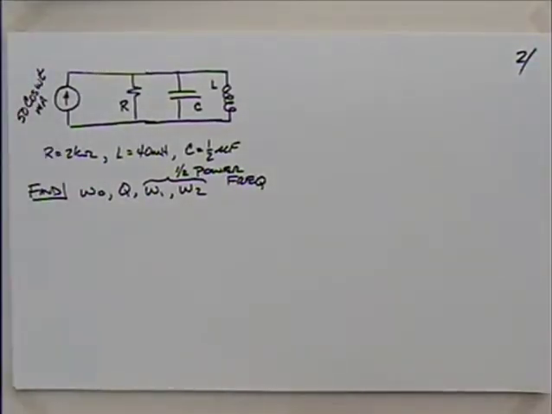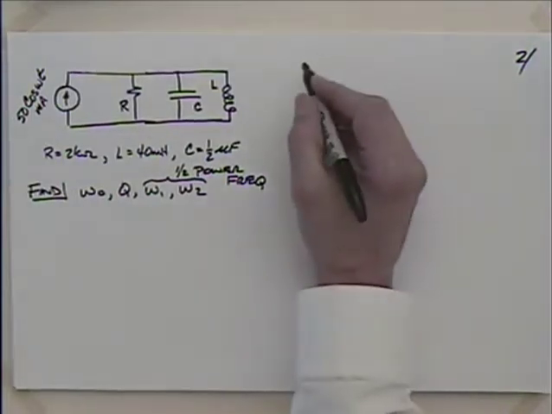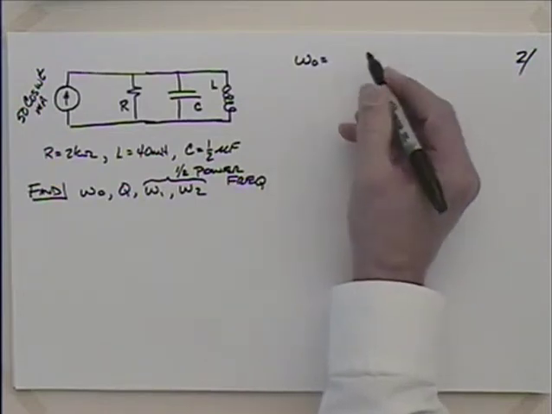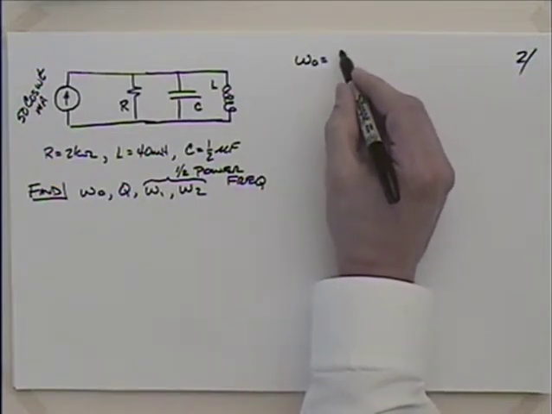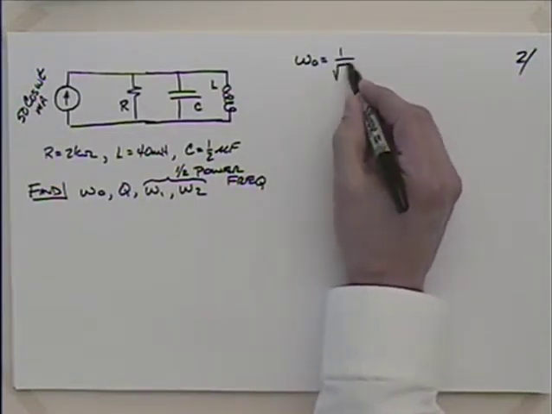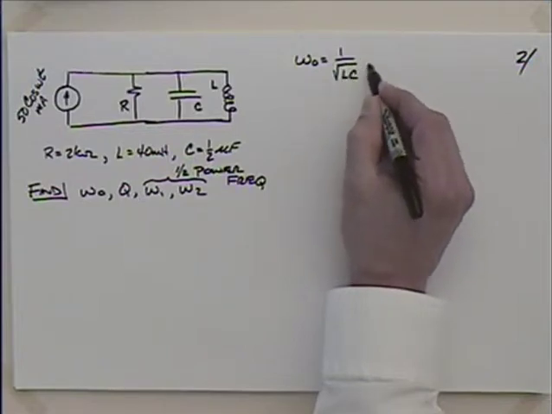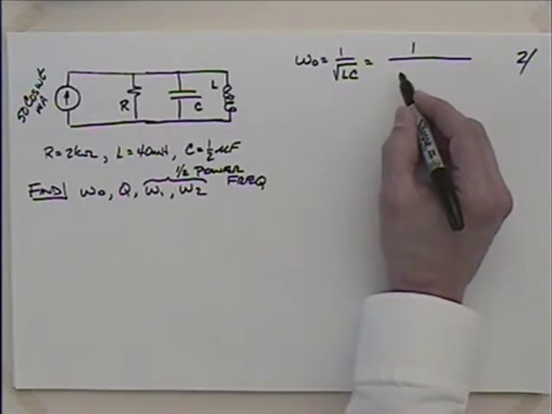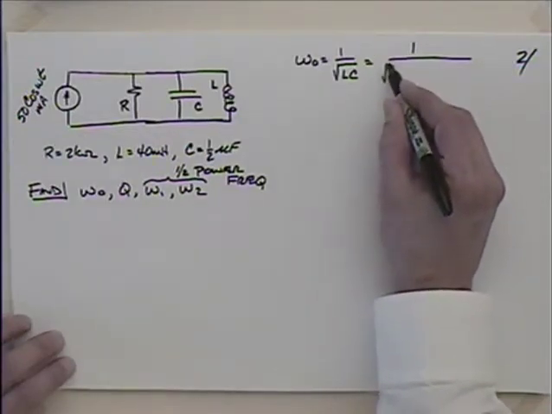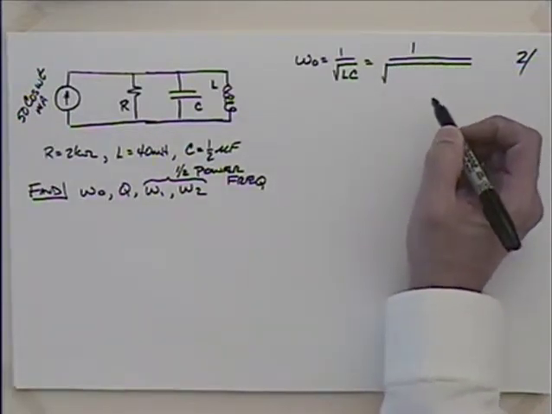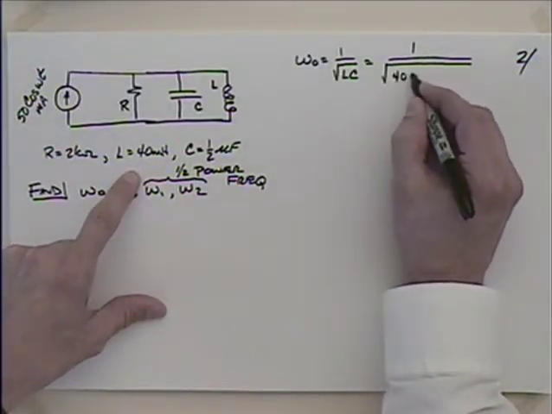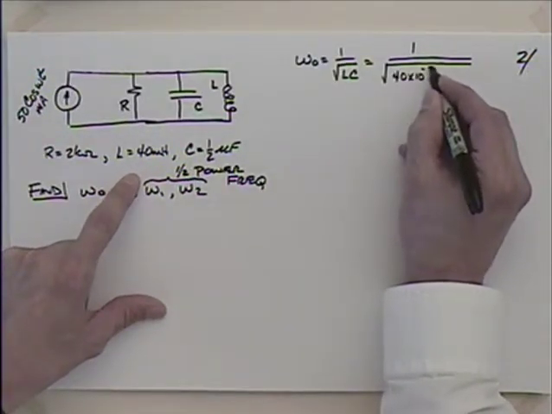So, well, omega naught's pretty easy, right? Could we do omega naught? For series and parallel, it's just 1 over the square root of LC, right? So I could say that this is 1 divided by the square root of, what am I going to have here? 40 millihenries. So I have to say 40 times 10 to the minus 3.